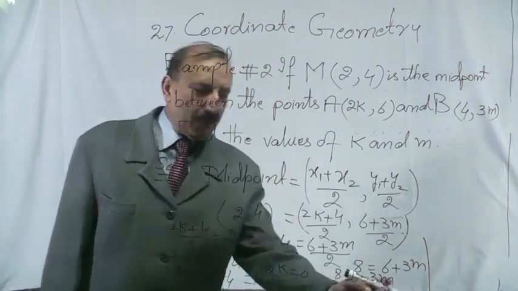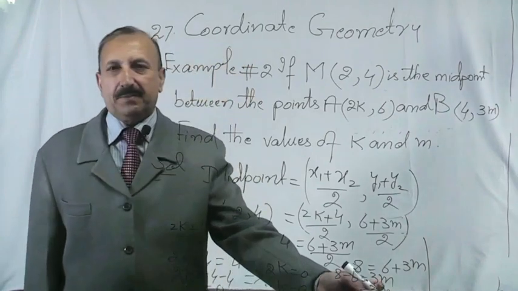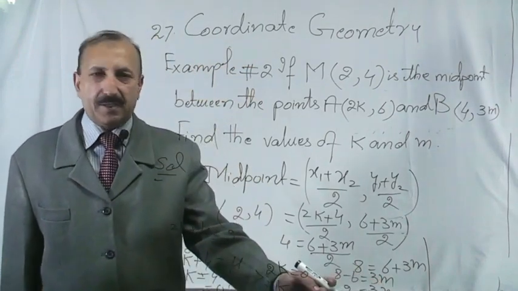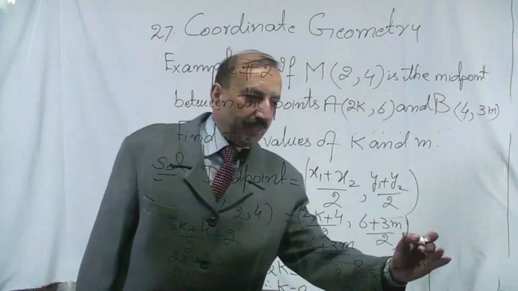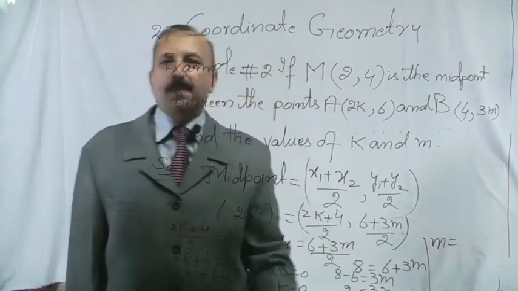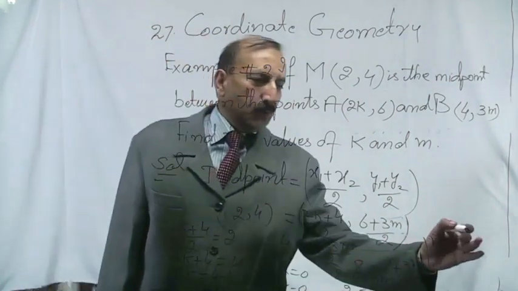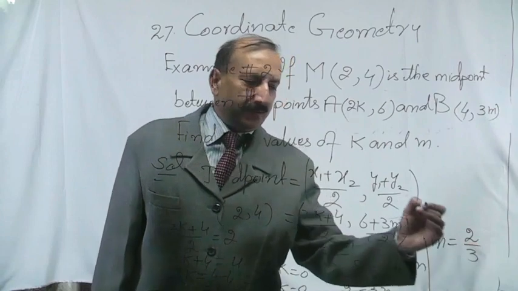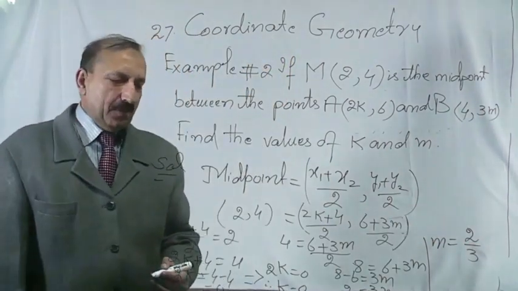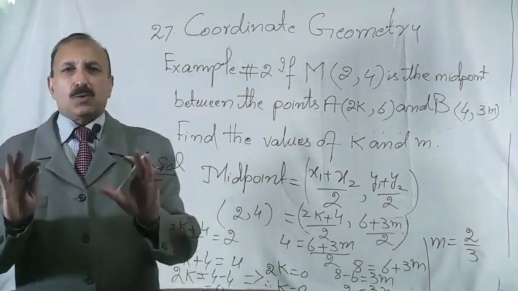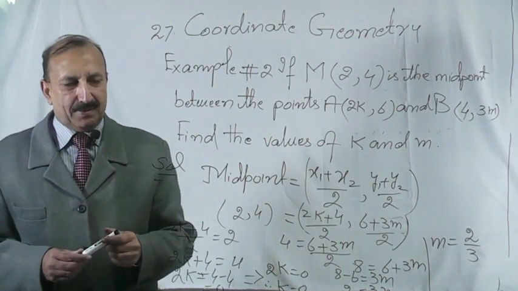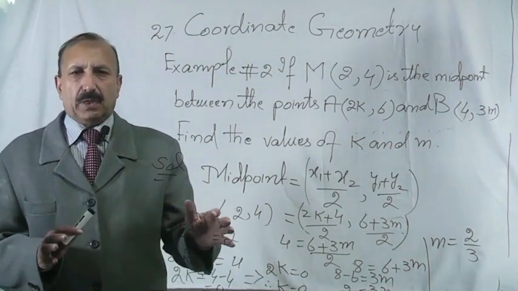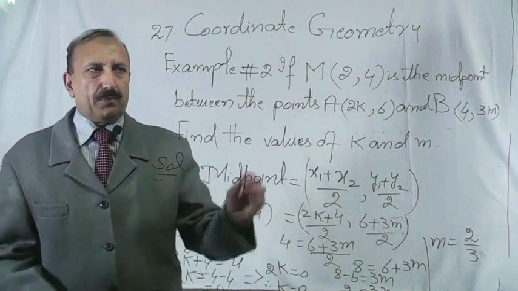To find the value of m, this 3 is multiplying here. When we transfer it to the other side, it will divide. So m will be equal to 2 divided by 3. So this sort of example is an application area of midpoint.